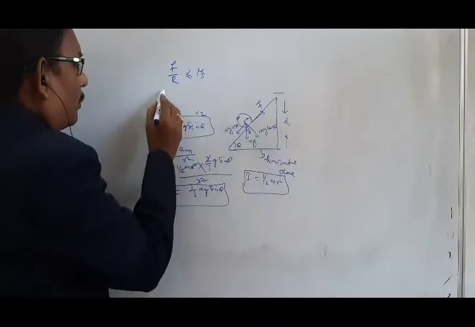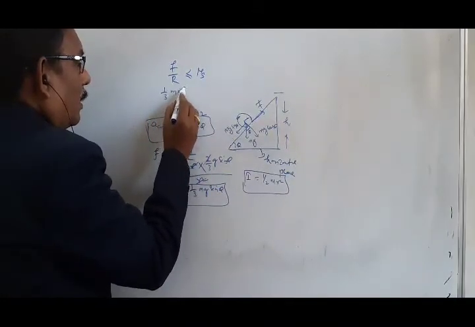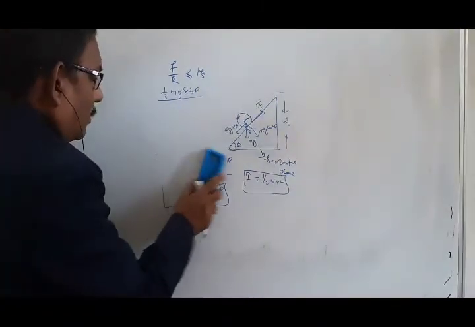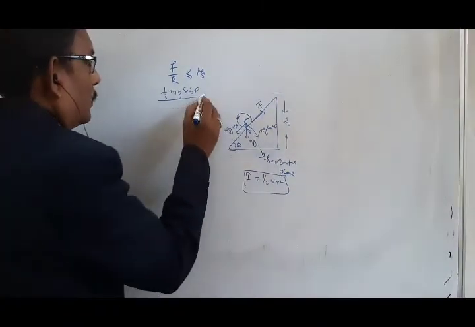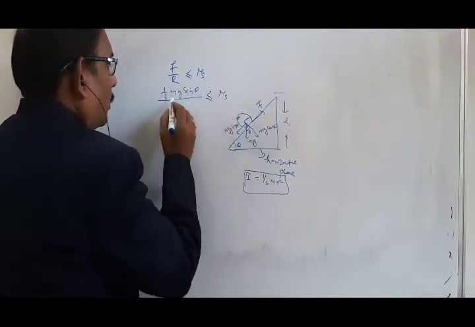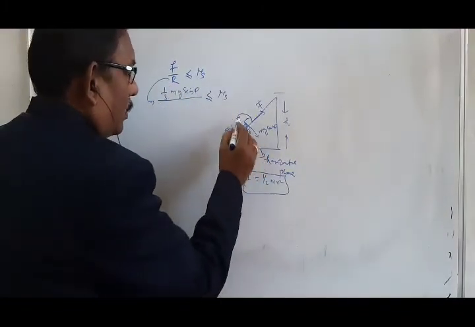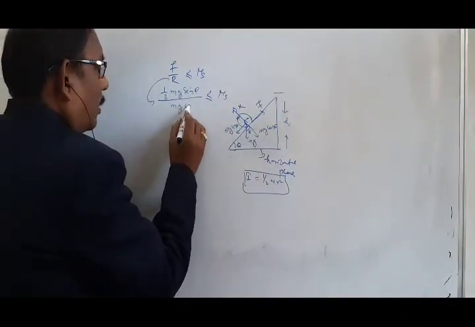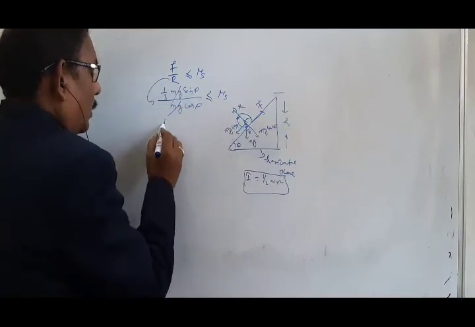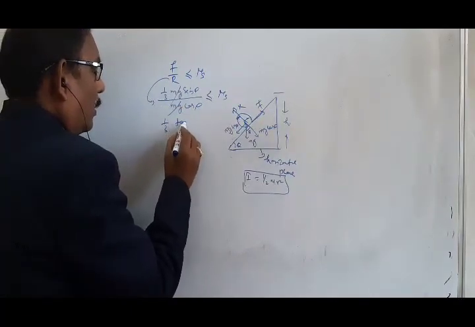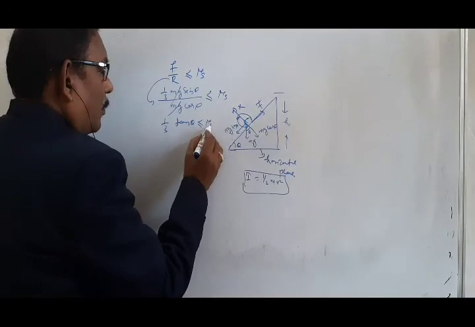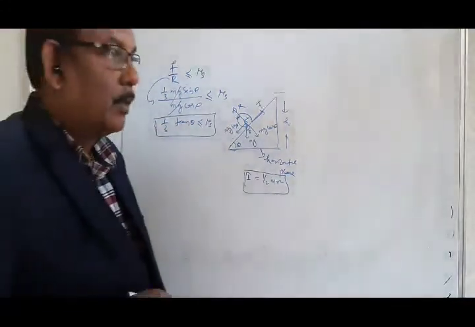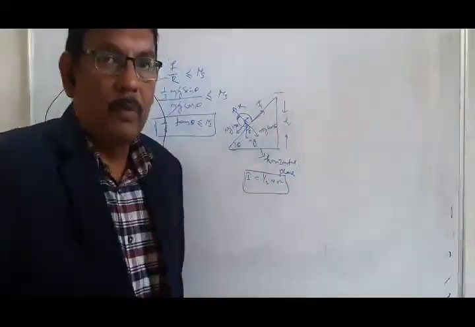Then F = (1/3) mg sin θ, and R is equal to, you know that, mg cos θ. So (1/3) tan θ is less than or equal to μ. So this is the condition for a solid cylinder to roll on an inclined plane without slipping.